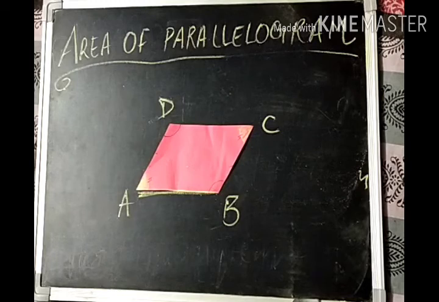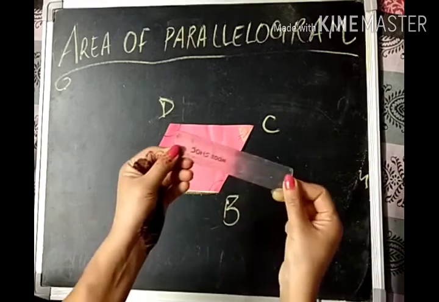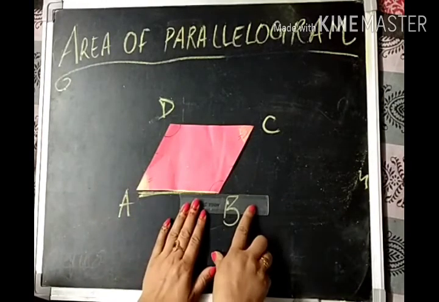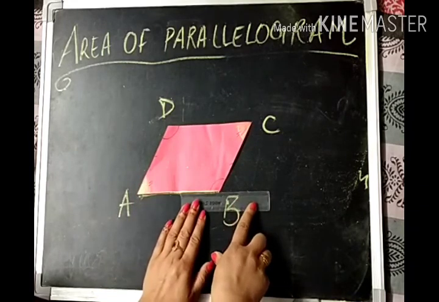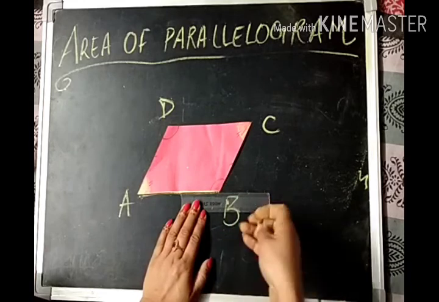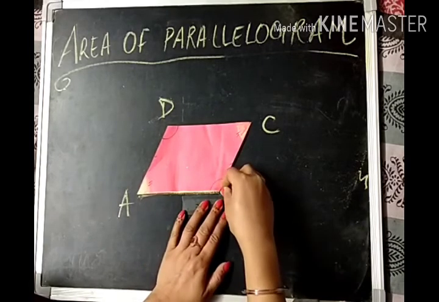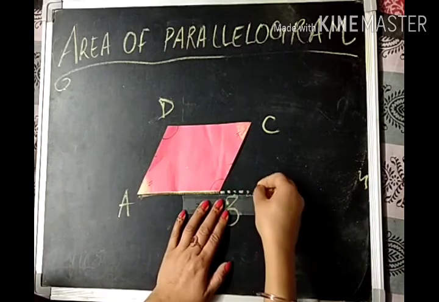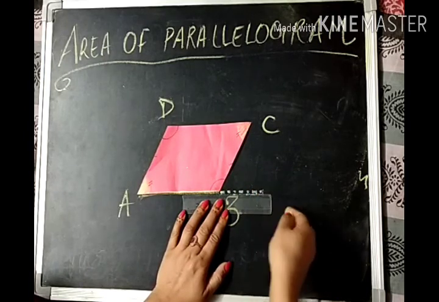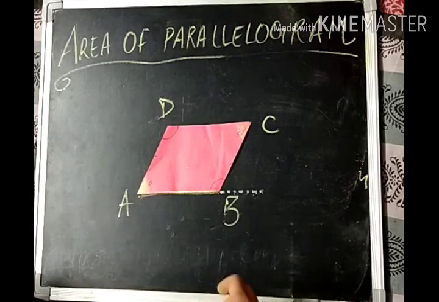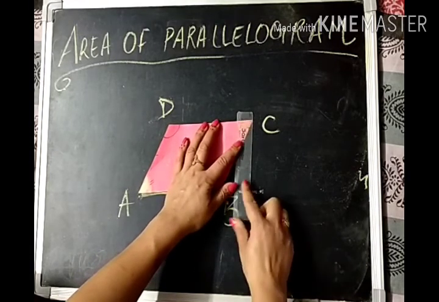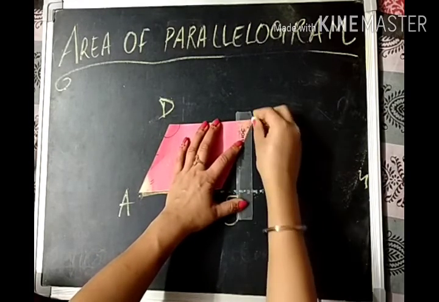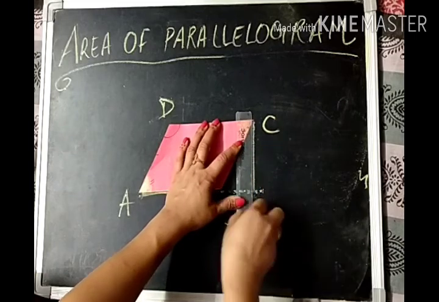There is a simple way. Take a scale, put it exactly straight on this line AB, extend this line with dots, and draw a second line exactly straight on this.